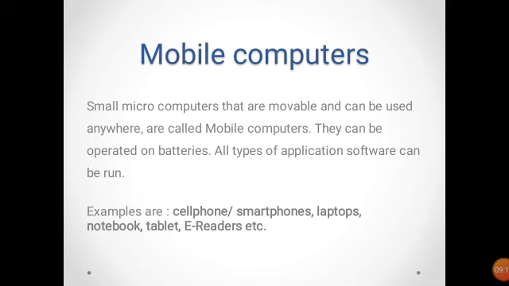They are very small in size and easy to carry anywhere, and all these mobile systems operate on batteries. That is the advantage. All types of application softwares can be run, like cell phone or smartphones, laptops, notebook, tablet, e-readers, etc.